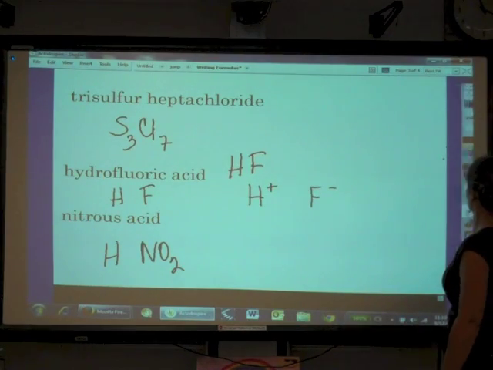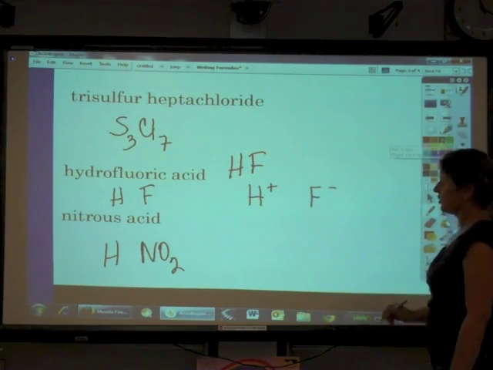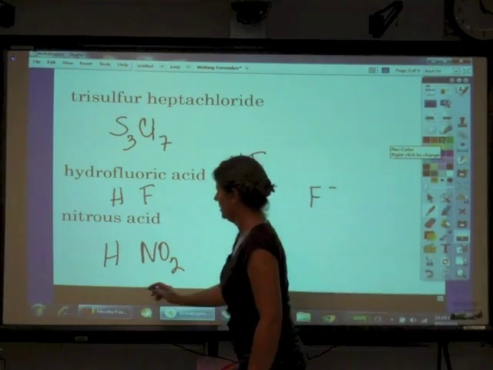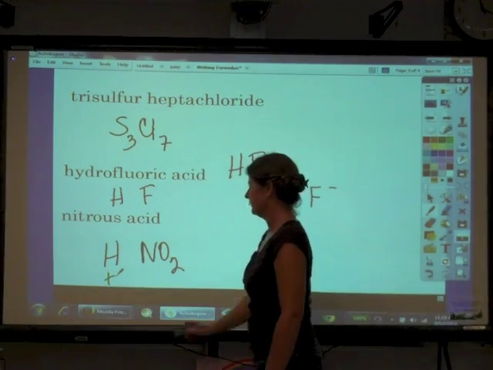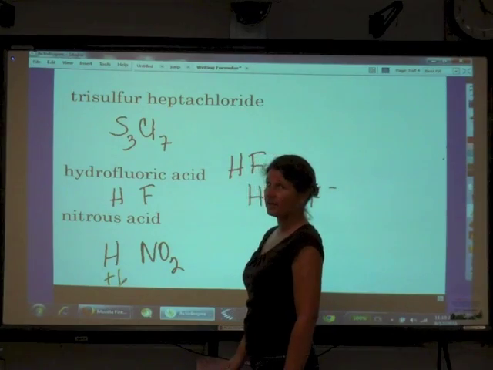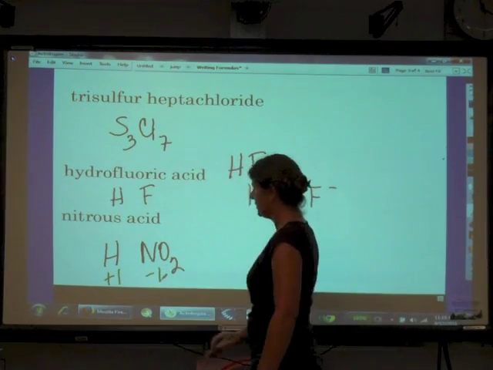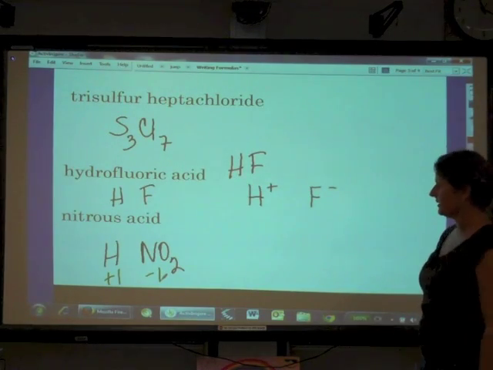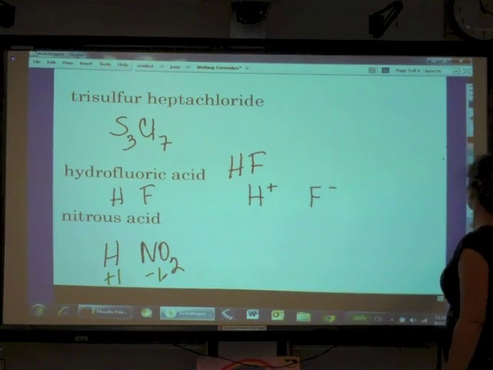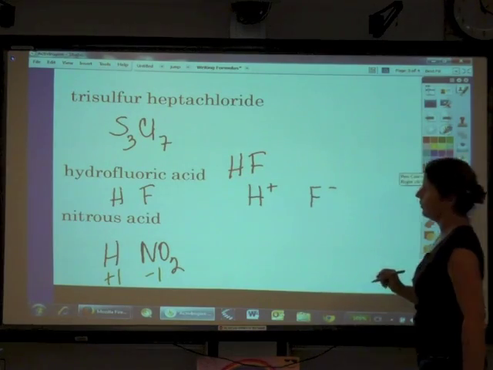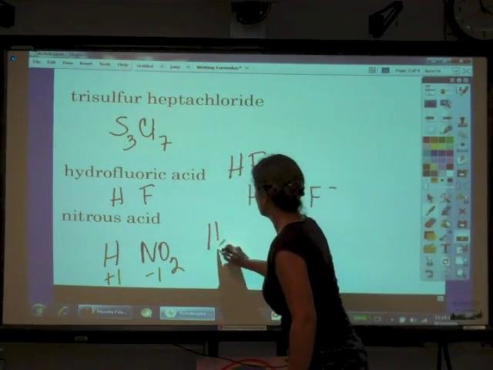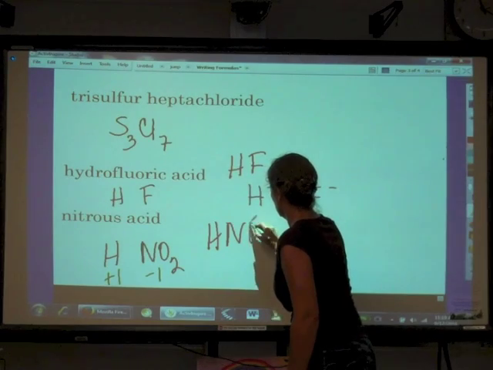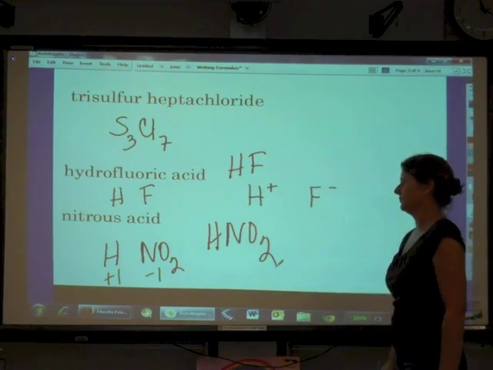So then, what's the charge? Hydrogen, +1. Nitrite, -1. It's an acid, so it is electrically balanced. And so our formula for this thing is going to be HNO2.